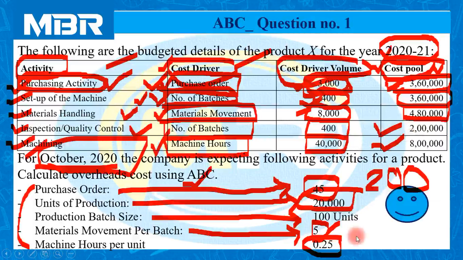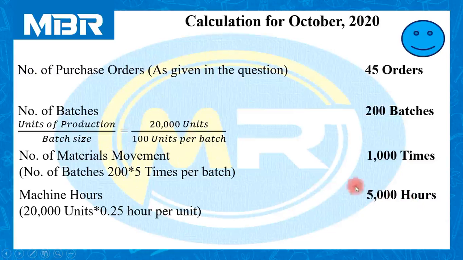You can check, this information is also given to us in our question. Machine hours per unit is 0.25. So on the basis of this information, we have 20,000 units produced during the period of October 2020, and manufacturing time per unit is 0.25. So total number of machine hours utilized during October 2020 is 5,000 hours.